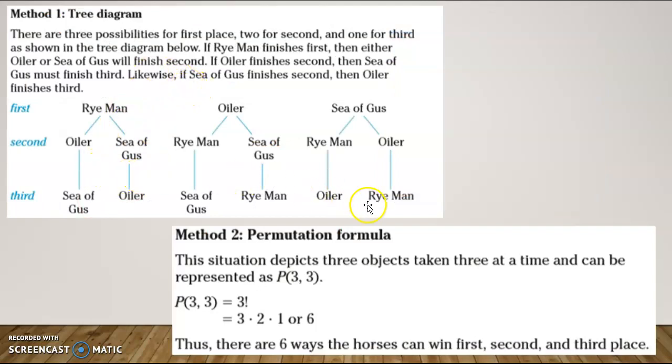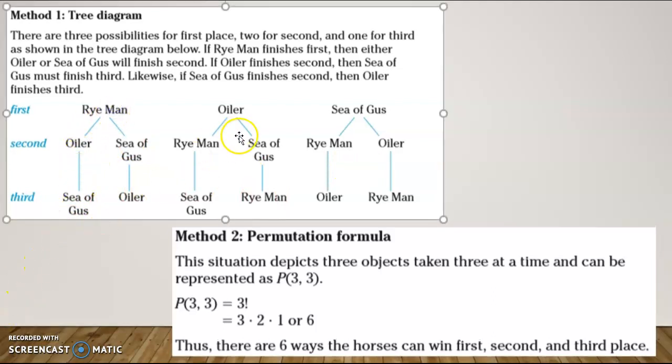And if you want to find out exactly what the selections are, you would have Ryman, then either Oiler and that, or Ryman, either Sea and third. So these would be your 3 choices for first, second, and third.